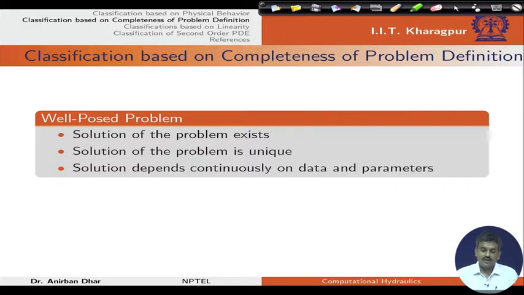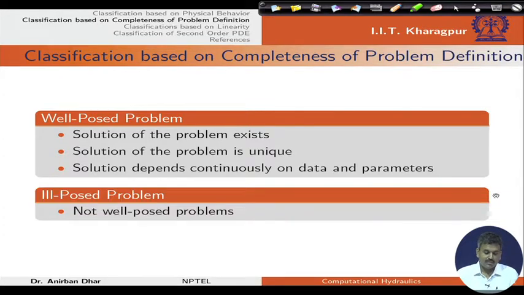If we change the initial condition or parameter values, obviously there should be a change in the solution. Otherwise the problem is called an ill posed problem. That means if there is violation of any of these conditions.